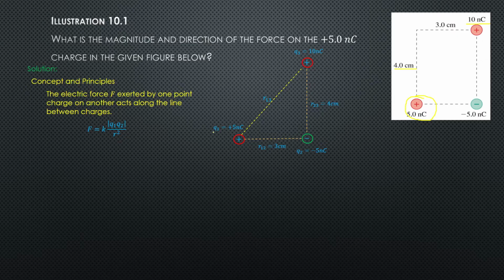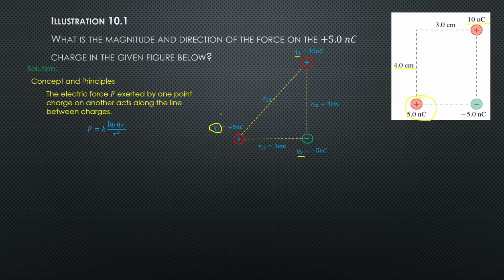These are simply representations. You could say this is Q3, this is Q1, and that is Q2, or you can say Q1, Q2, Q3. It's your choice, but I have assumed this is charge 1, charge 2, and that is charge 3.